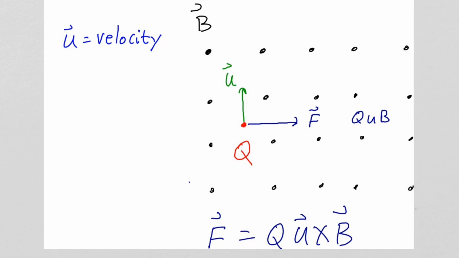So here we have a magnetic flux density field coming out of the page, and we have a charge Q here moving with some velocity U. What we will find is that the magnitude of the force is QUB, and that the direction of the force is perpendicular to the magnetic flux density field and the velocity of the charge. This can be compactly stated as the force is equal to QU cross B.